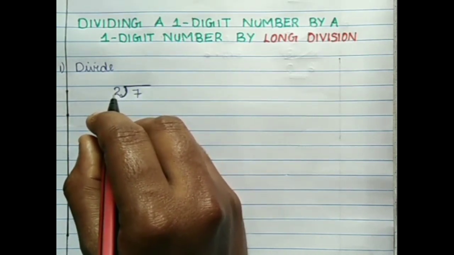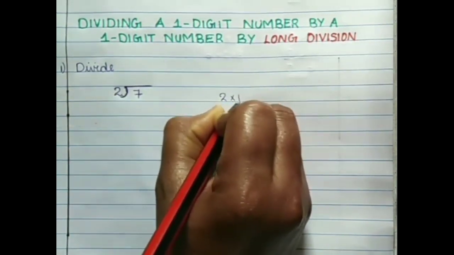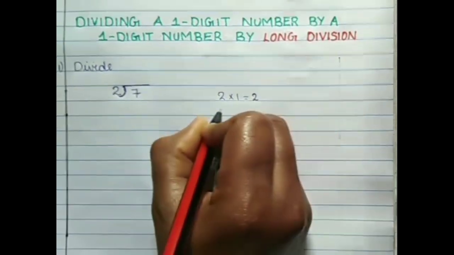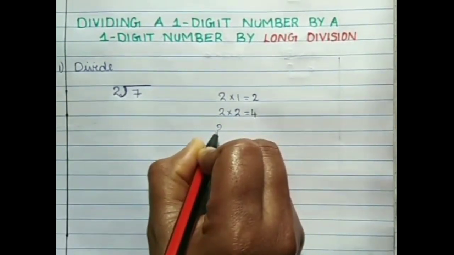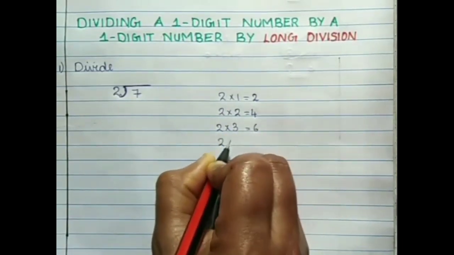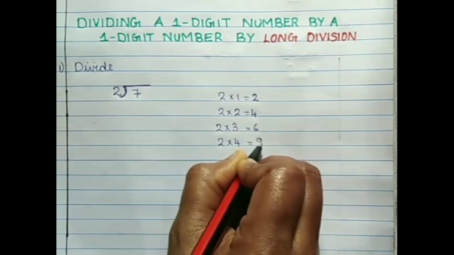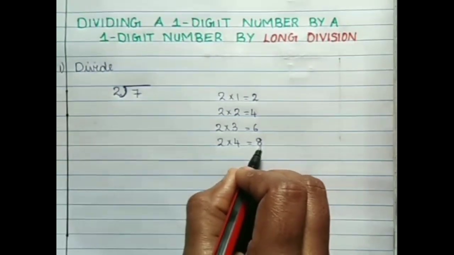For that, first we can write the table of 2. 2 1s are 2. 2 2s are 4. 2 3s are 6. And 2 4s are 8. Here we have written the table of 2 up to 8.